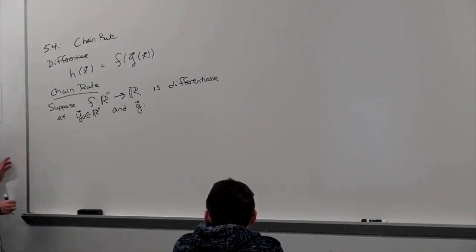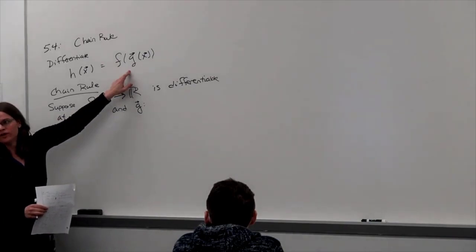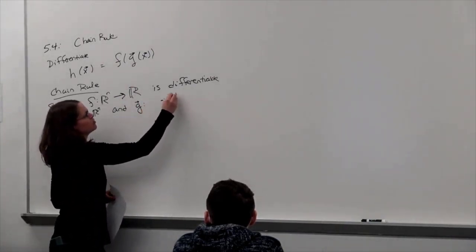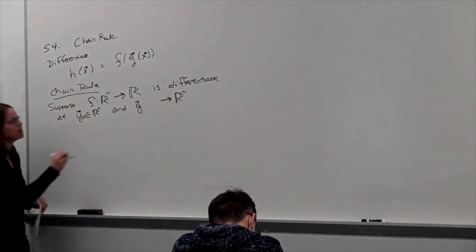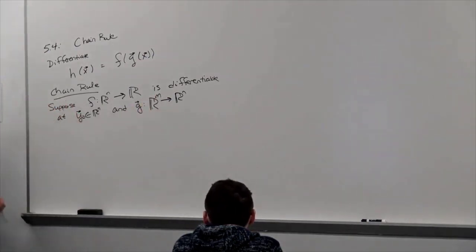So f takes values in Rn, so that means g has to spit out values in Rn. So g is going to take something and spit out values in Rn. But what it takes in doesn't have to be the same size. What it takes in could be a different size, so we're going to call this Rm, and this, again, might be different.